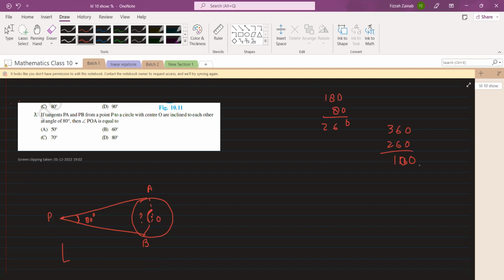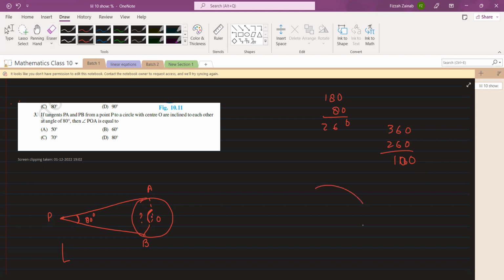I think 100 degree is not part of the answer. Oh, I'm sorry. You have to find only POA, right? I have mentioned the wrong angle in the figure. That's why I'm thinking 100 is not there. Please correct everyone. Please draw the figure again.